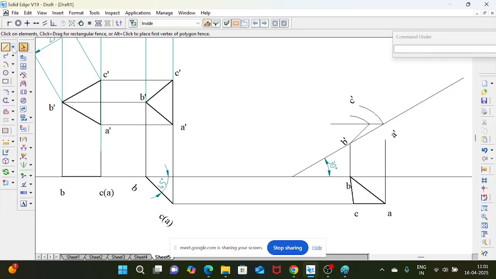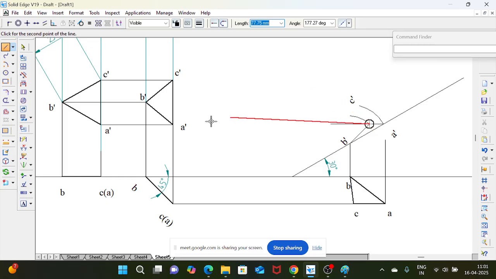Here you see, this is your median point, right? From here, keep your compass like this. Then from here, you have to take 90 degrees, because this line is 90 degrees to the median line.